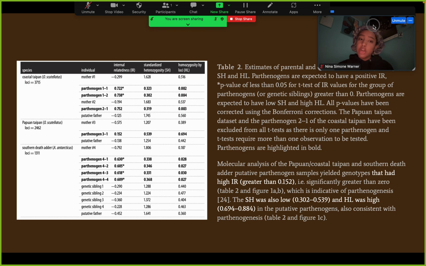A high internal relatedness, greater than 15%, is significantly greater than 0. That means that the mother and the offspring are very much related. And for standardized heterozygosity, if it's low, generally under 50%, combined with homozygosity across all loci being high, above 60%, then we're looking at parthenogenesis.